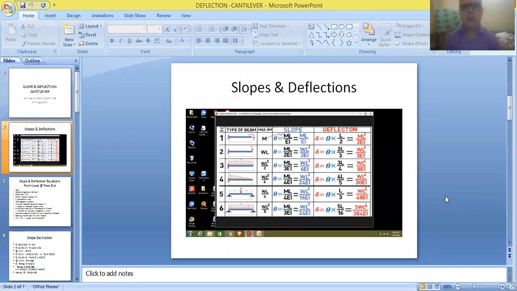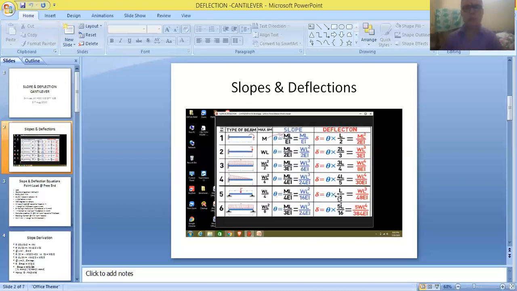So friends, we can see the arrangement of various beams. A very good table is given indicating the various types of beams and also the types of loads acting on different beams. As I've already told you, slope and deflection values will be different for different beams, and also different for different loads acting on beams.